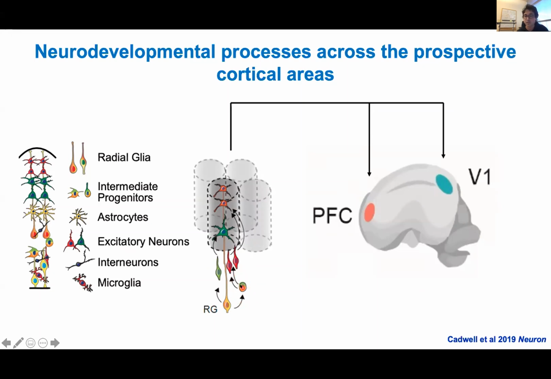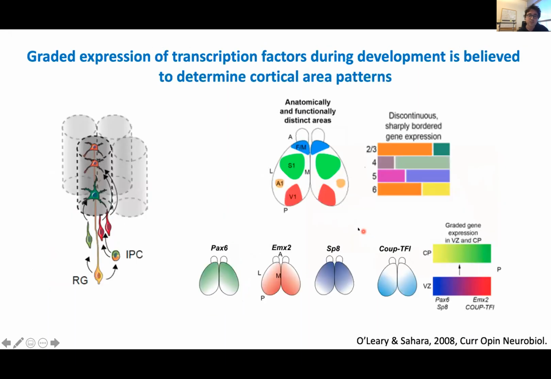It is generally thought that this process is largely uniform across the prospective areas. And so the fundamental question that we wanted to address is where do the differences occur and how do they emerge?